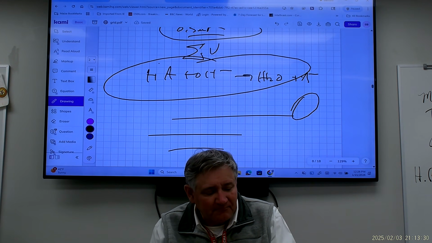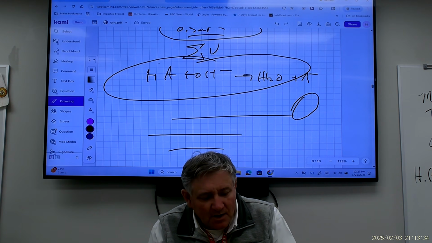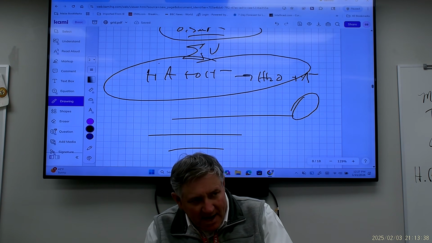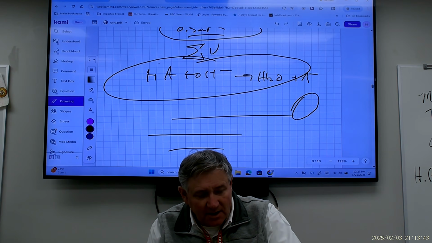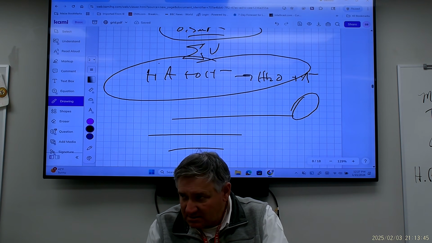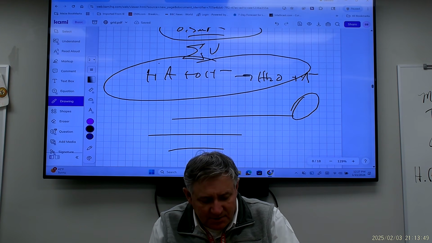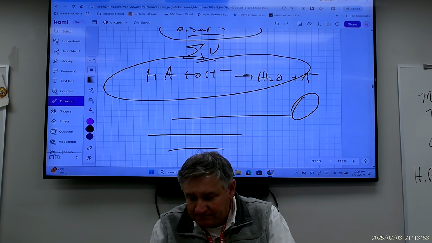Now, when you get to number 3, notice that you're back to a weak acid, strong base. So I go weak acid, strong base, strong acid, strong base, weak acid, strong base. You're going to compare your answer to 2D and 3E.